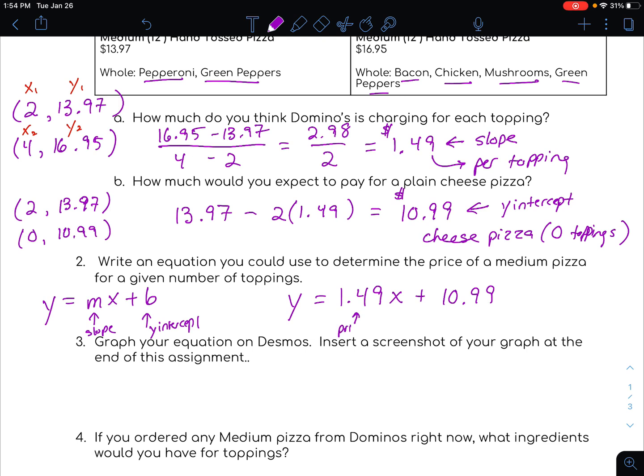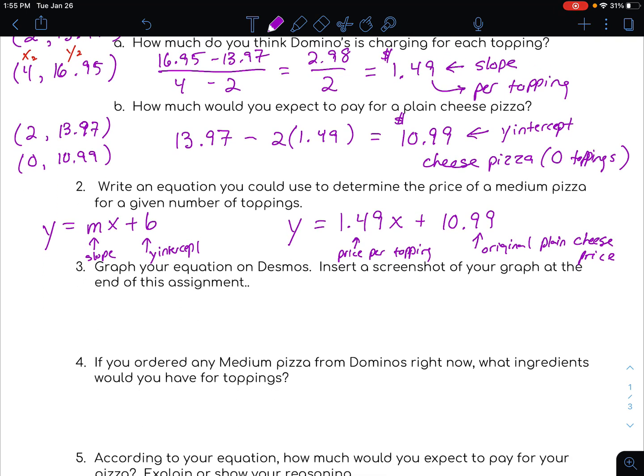Remember, this is price per topping, and this is original plain cheese price. So our y-intercept and our slope actually mean something in the context of this equation.